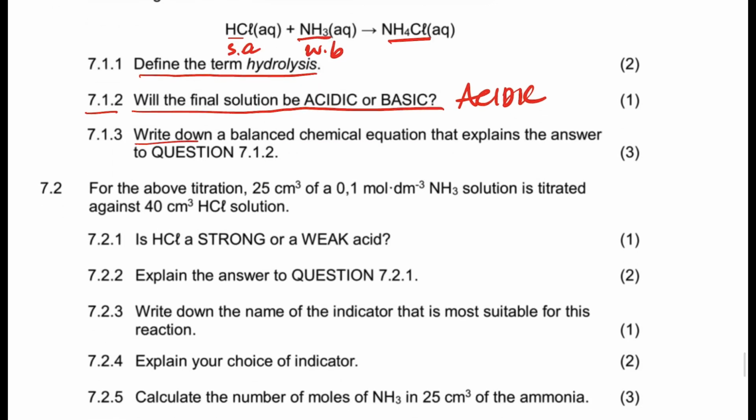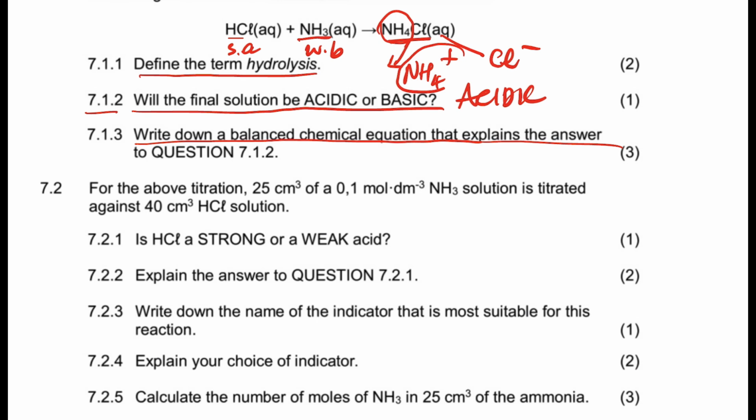And it says, write the balanced chemical equation that explains your answer. So what will explain my answer, guys? You take the ammonium ion here. This comes from the ammonium ion plus the chloride ion.